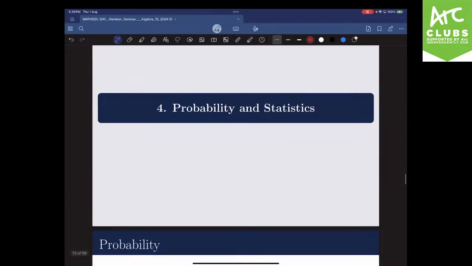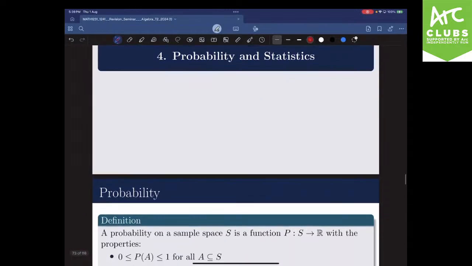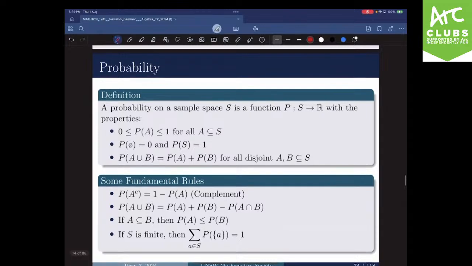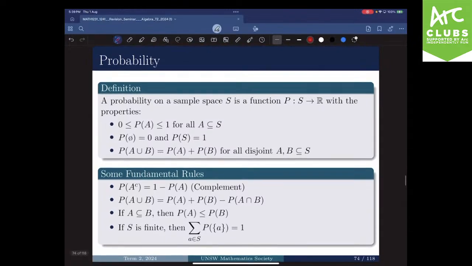All right. So the next section we're doing probability and statistics. Just a few quick definitions. Probability: a probability on a sample space S is a function P from S to R with the following properties. Obviously, you would want all your probabilities to be between 0 and 1, otherwise it wouldn't make any sense.